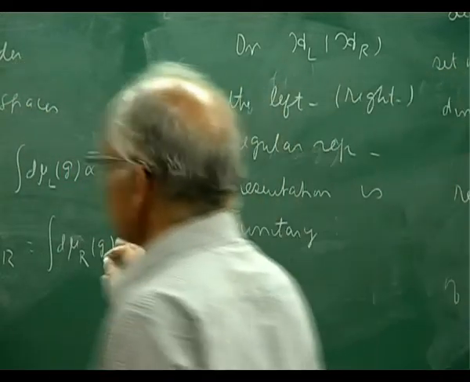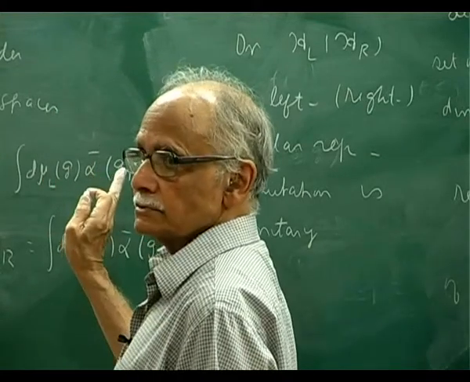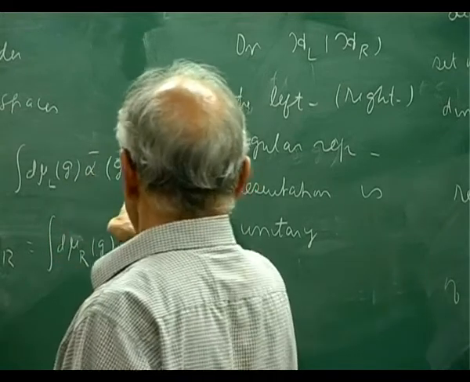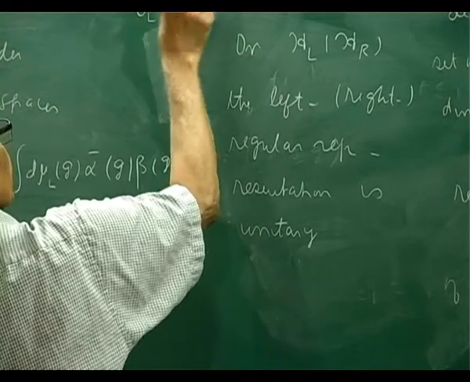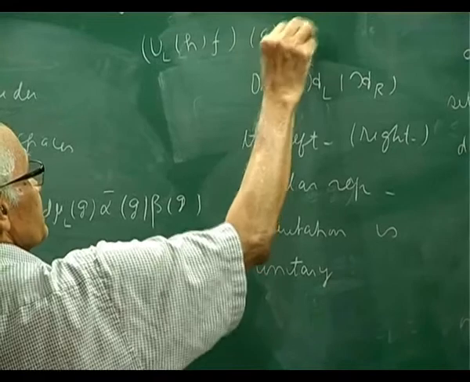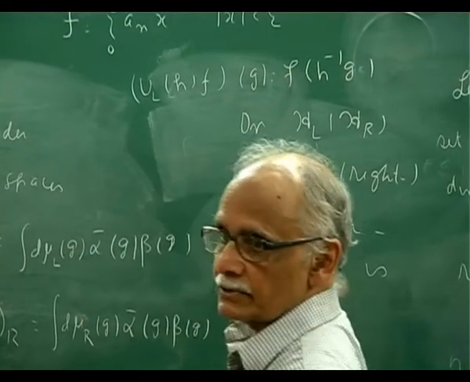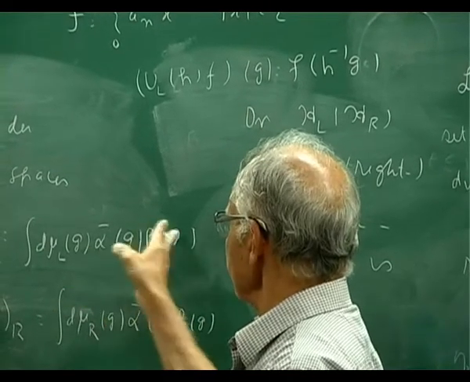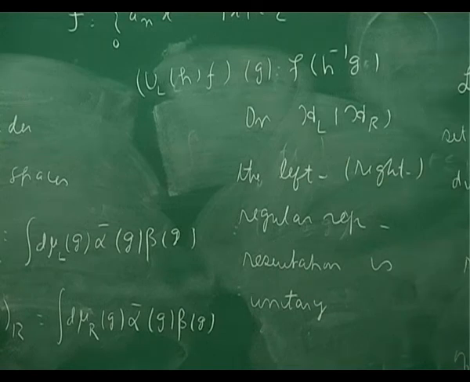Because the left regular representation translates G on the left. If you remember U of H, in the left regular representation UL of H F at G was F of H inverse G, right? And the right one was on the other side. So it is unitary, because if I do the same thing on the left, it will cancel out. So these are unitary representations. This is very important.